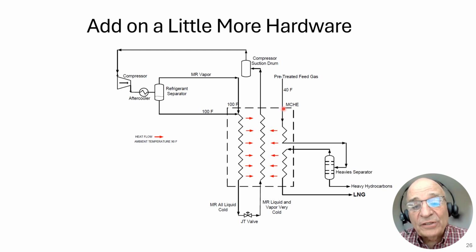So you want to make sure that you have a heavies separation that takes place here, and that knocks out your heavier hydrocarbons. Your heavy hydrocarbons go for processing, and then your gas stream continues on to be made into LNG. If you don't take out those heavy hydrocarbons, they will freeze up in this part of the heat exchanger.